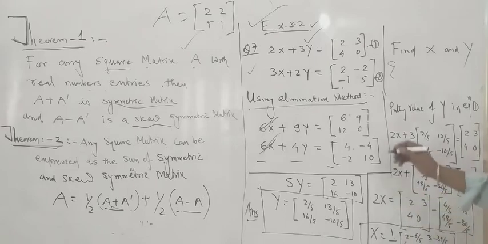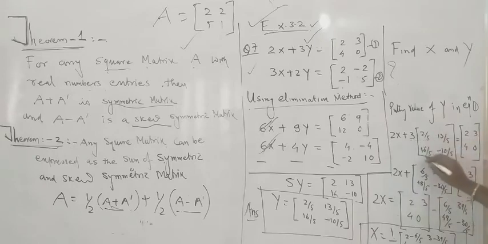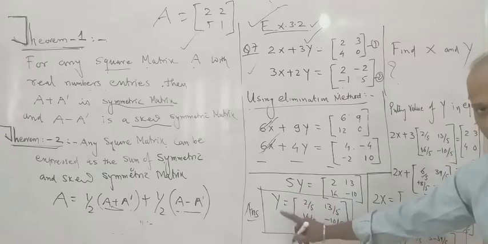Now just like the substitution method, multiply 3 with each and every quantity, transfer this to the other side, subtract gradually the members, divide each and every member with 2. The new answer will be the matrix X. In that way you can find the Y and X matrices.